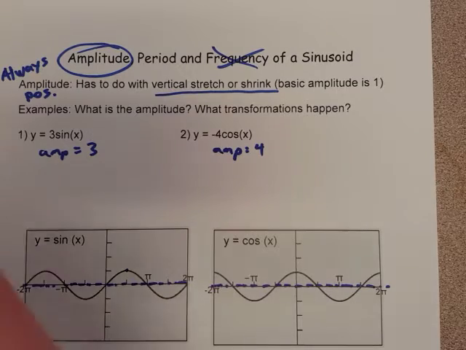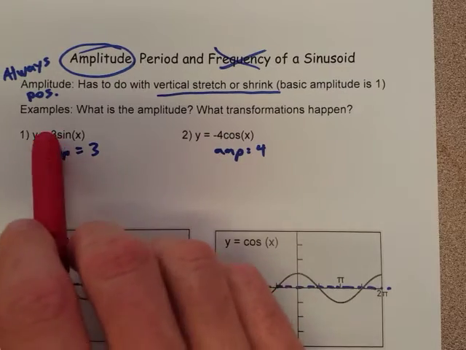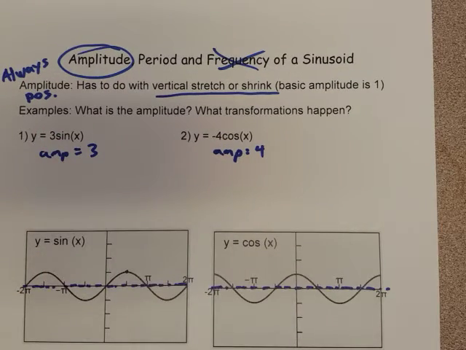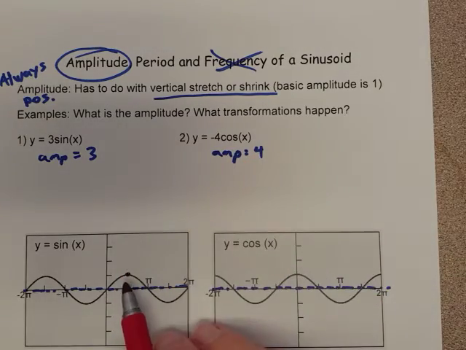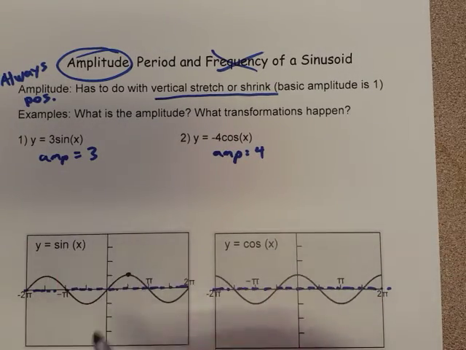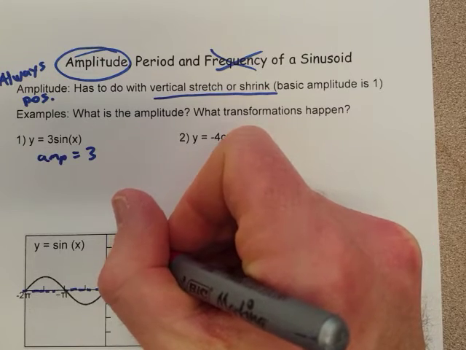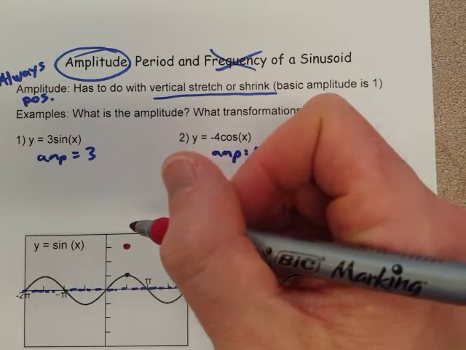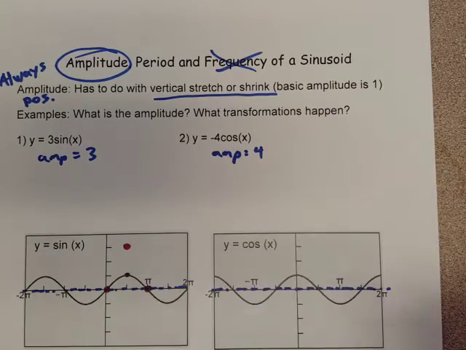So now let's say I wanted to change what this graph looked like based on these different amplitudes. Now, this one's just a +3, and so what that'll do is I'll just take this point right here and I'm going to multiply it by 3. That's what a vertical stretch is anyway, and that puts this point up here to +3. Now, if I multiply 0 by 3, it just stays as 0.